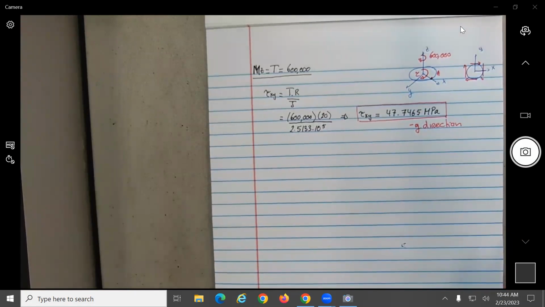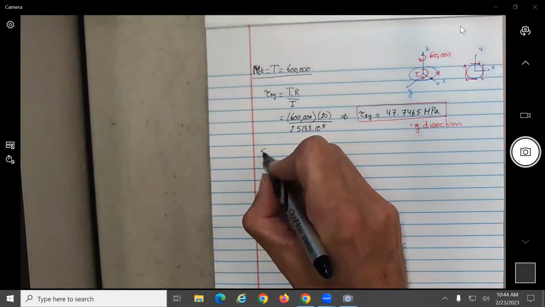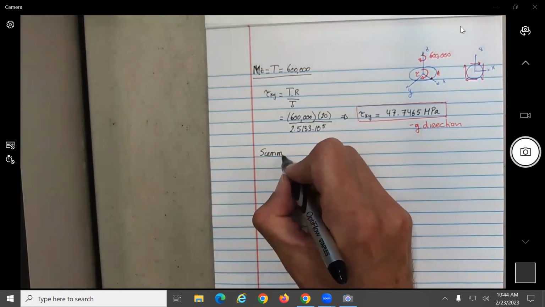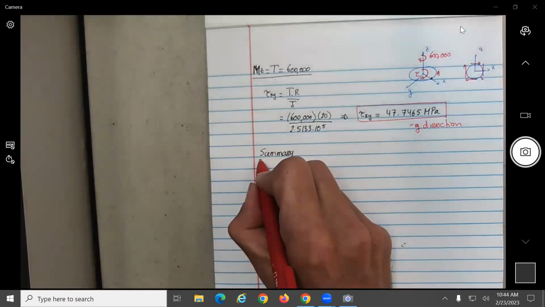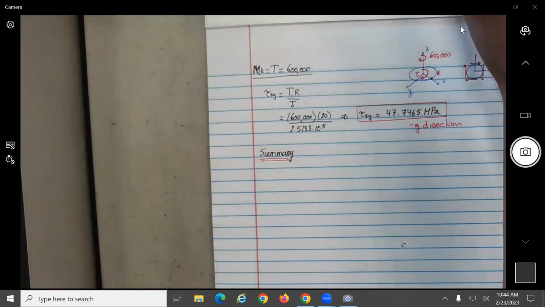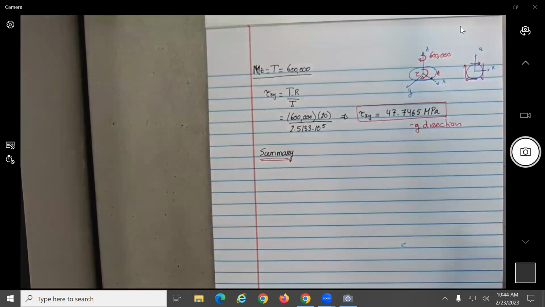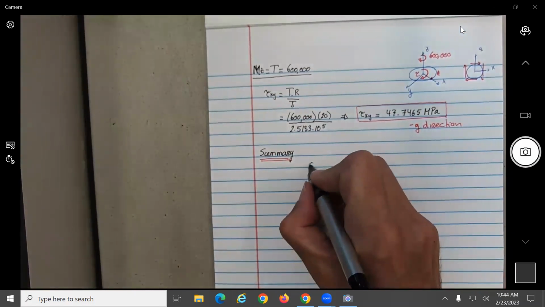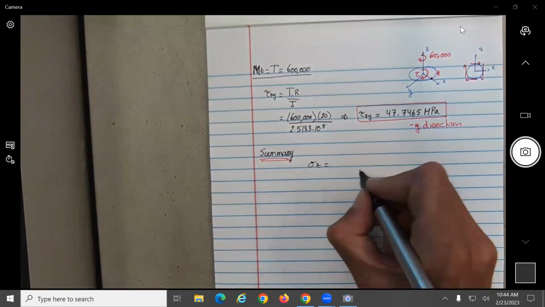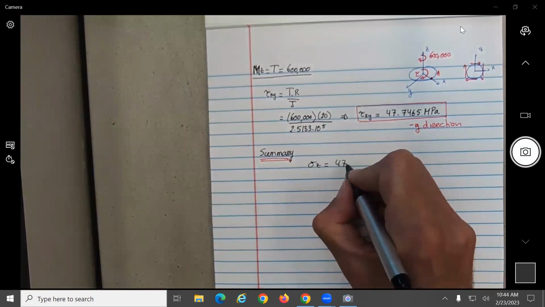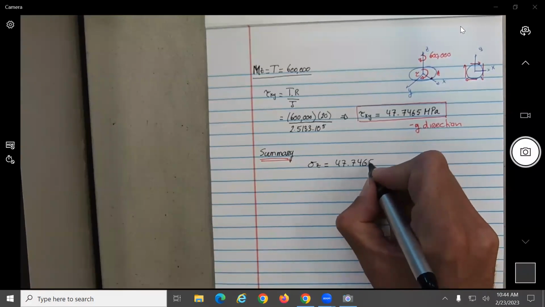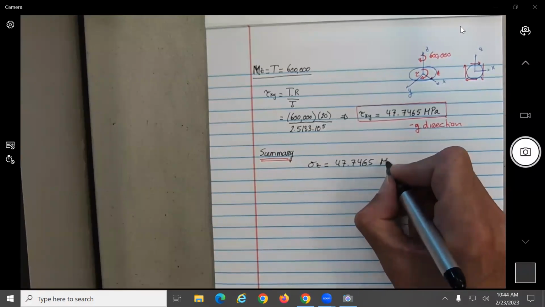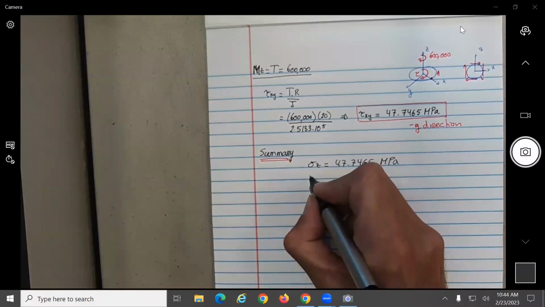Okay, so if we do a short summary over here, what can we say? We can say that the normal stress on the Z was equal to 47.7465 megapascals.